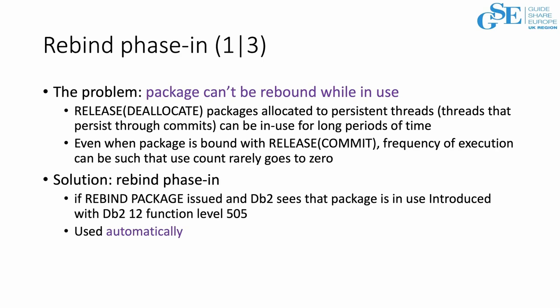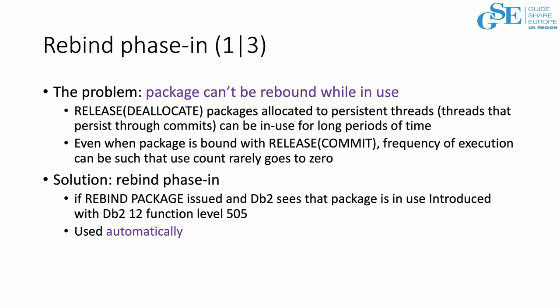So the package will be in use for a long time, which could be a problem if you want to rebind that package. Even if a package is bound with RELEASE(COMMIT), if executed frequently enough, the use count of that package might never go to zero, making it tough to do a rebind.